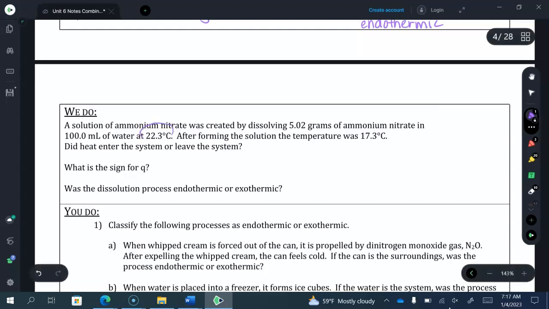Looking at the overall temperature changes, we see that the overall temperature goes down, so our overall thermal energy has decreased. So we would say that heat has left the system because the temperature decreased.